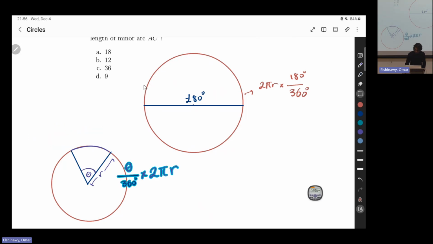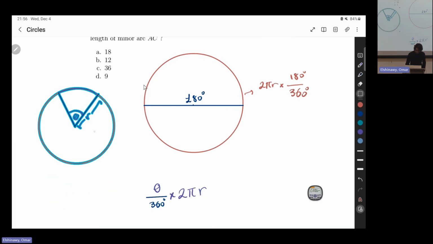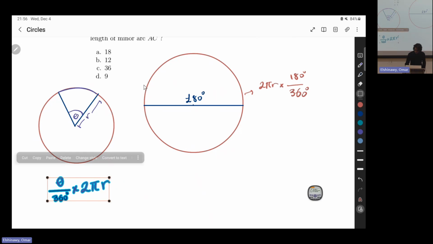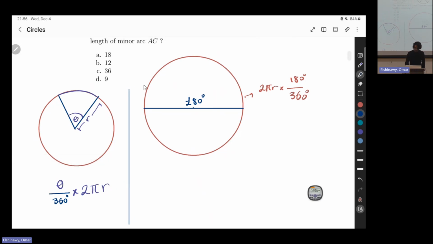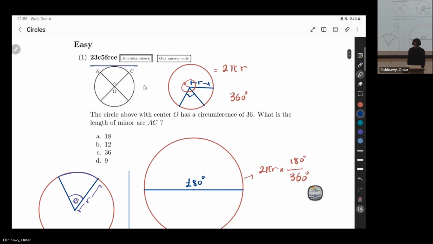But how do we find this for now, for the problem that we have now? Let's say theta. How do you find theta and how much pizza it is? So usually it's one of three things.